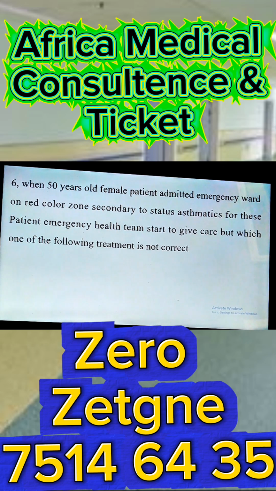Question number 6. A 15 year old female patient is admitted to the emergency ward in the red color zone, secondary to status asthmaticus. The emergency health team starts to give care, but which one of the following treatments is not correct?